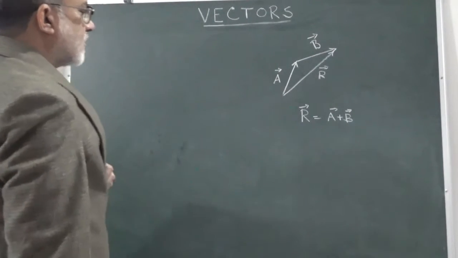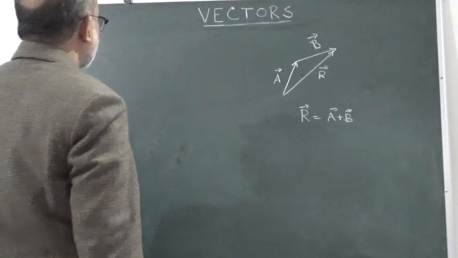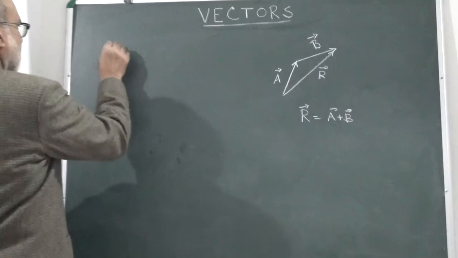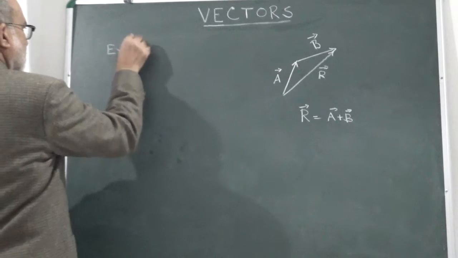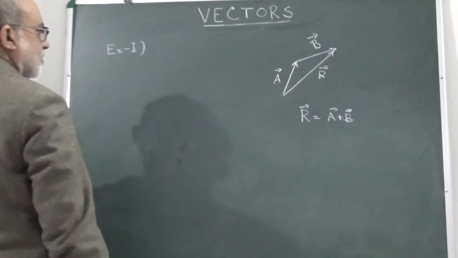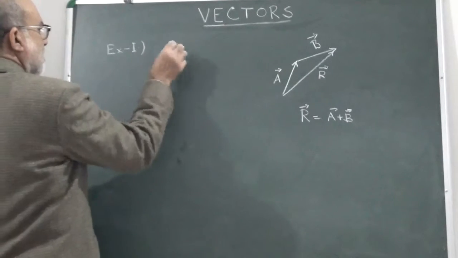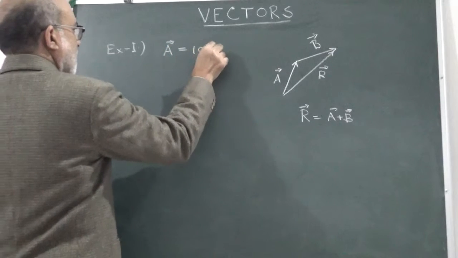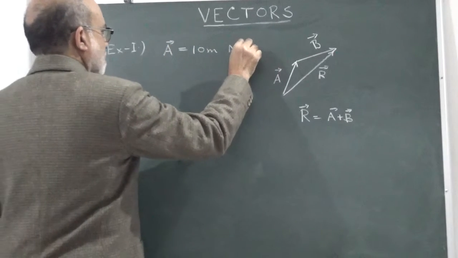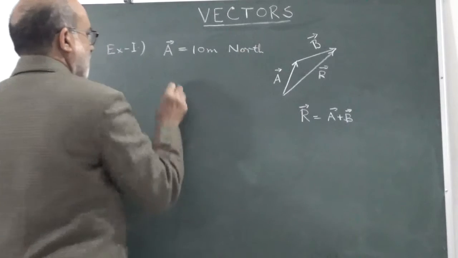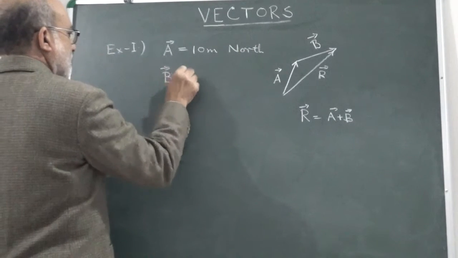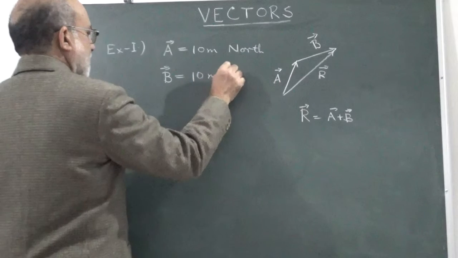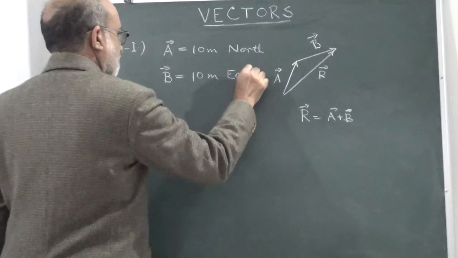So we will now solve some exercises. First example: suppose we have two displacement vectors, A is 10 meter north and B is 10 meter east.